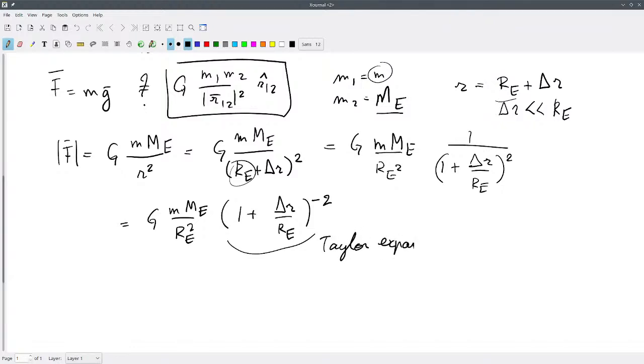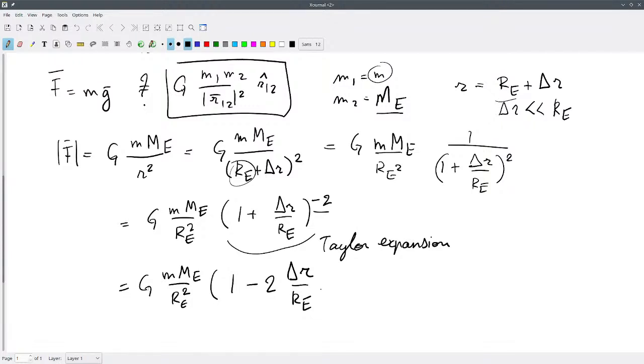this term. And if I do a Taylor expansion, the prefactor is the same. So that Taylor expansion will be 1, and then I've got my exponent minus 2 here, minus 2 delta r over R_E. And I could keep going.